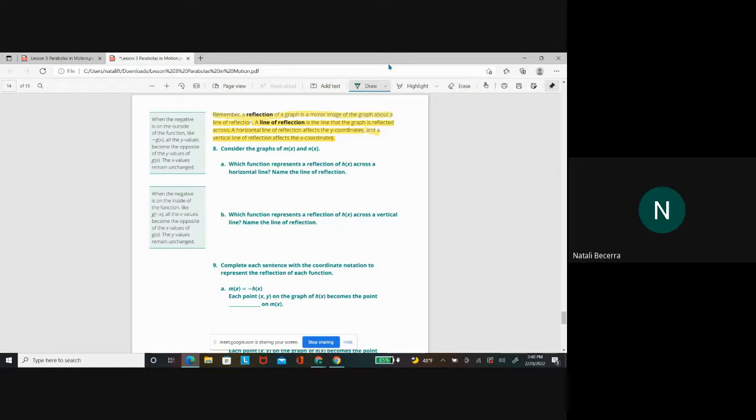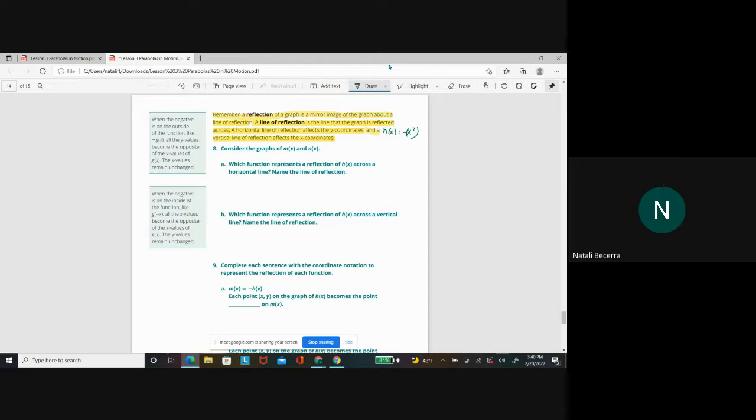So this is whenever you have, for example, h of x equals negative x squared, and then you have parentheses right here. So whenever the negative is outside of the parentheses, this is a horizontal line reflection.